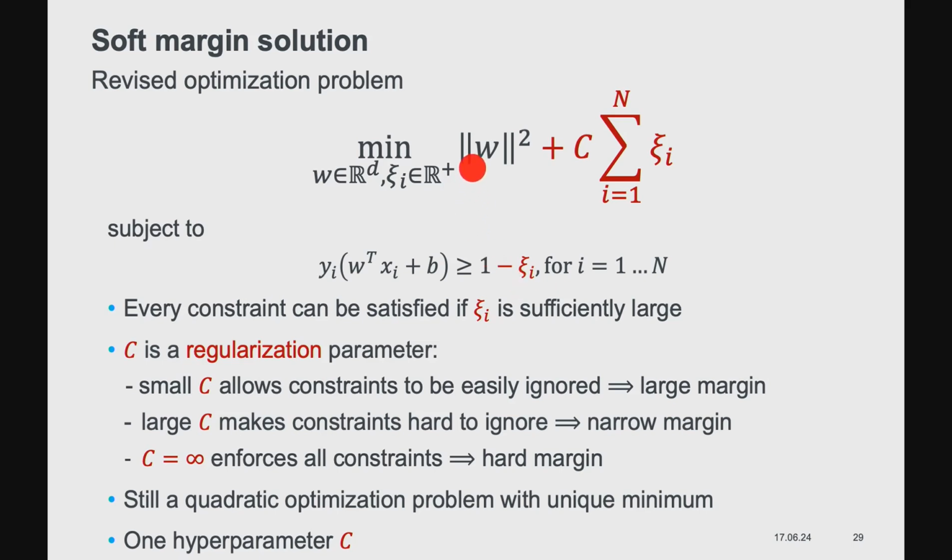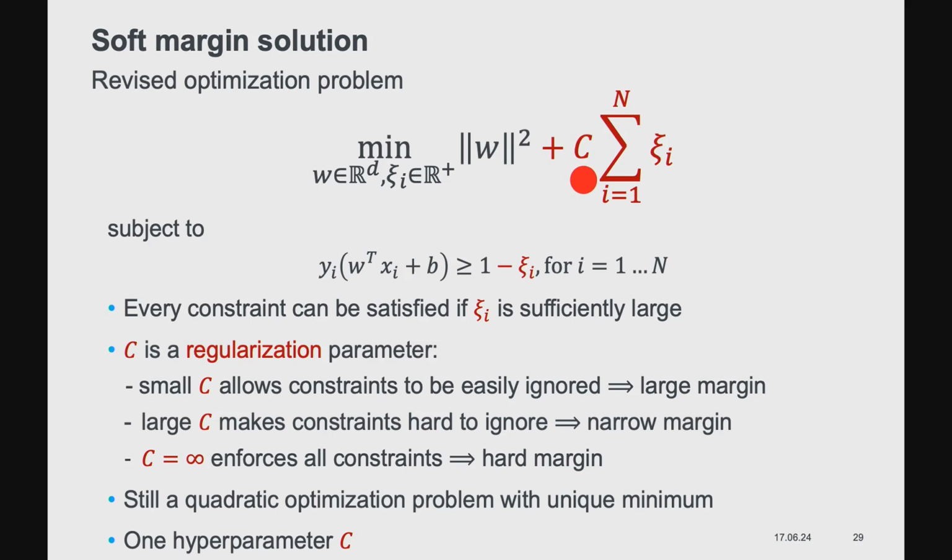And so our loss here is now not only the minimum of W squared, but we sum up all these violations, zeta i, connected with some regularization parameter. So every time we violate the constraints, we say, but you may violate it, but we punish you for this with our loss function. So this is now an optimization problem subject to some constraints.